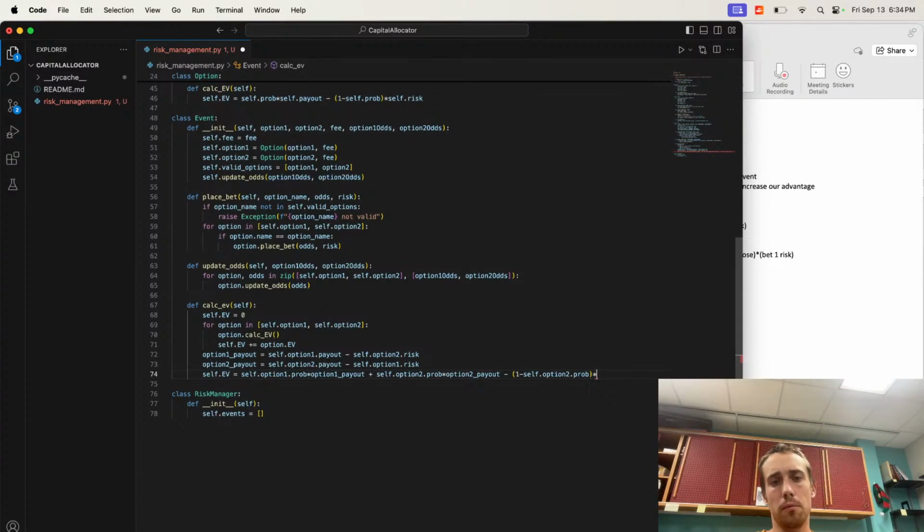Oh, so probability that option 1 wins times option 1 payout plus probability that option 2 wins times option 2 payout minus probability that option 1 loses times option 1 risk.